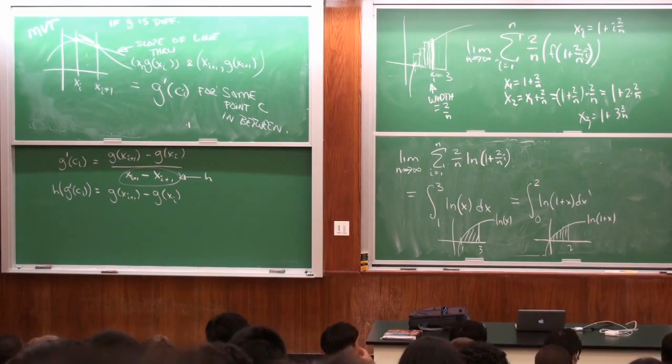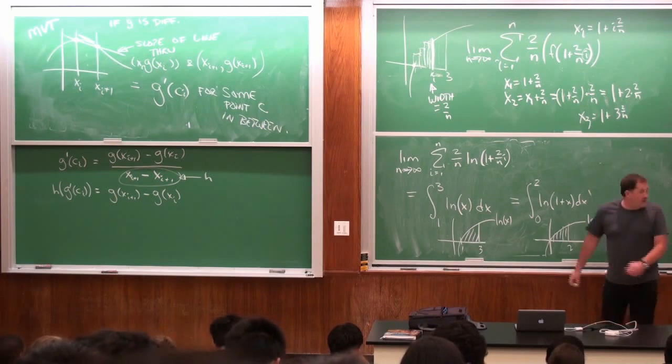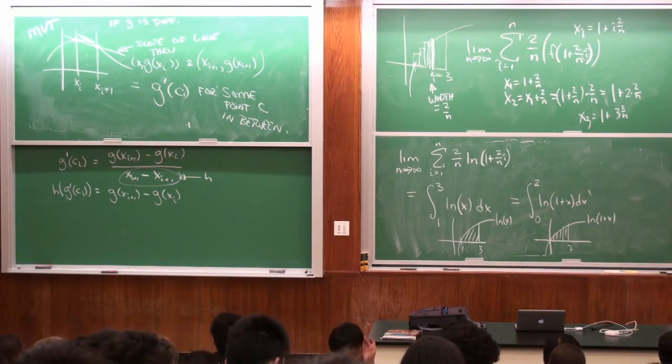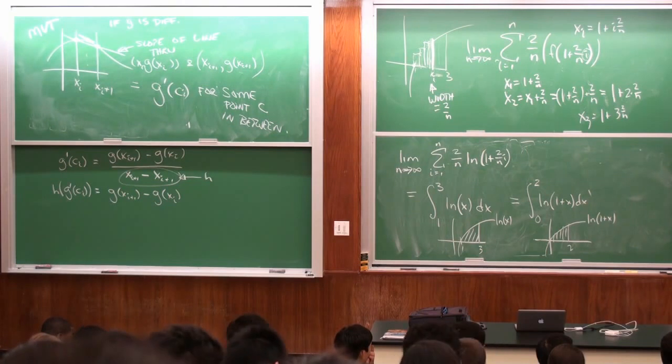And this guy is g prime. Actually, I don't need to replace them. Let me leave them over a. Sorry. I confused myself. Anyway, notice that if I divide everything by h, I get a bunch of differences. Okay, so I add and subtract, add and subtract, add and subtract. So this is what I started with, and this is what I started with.